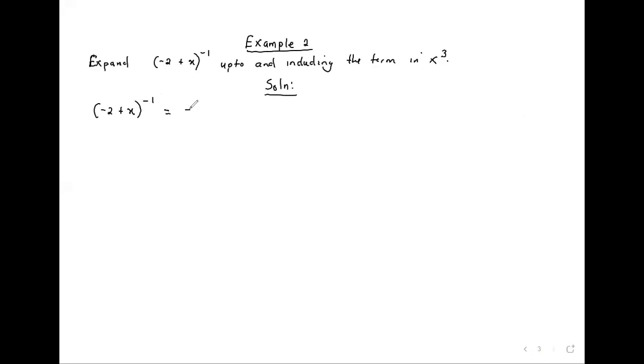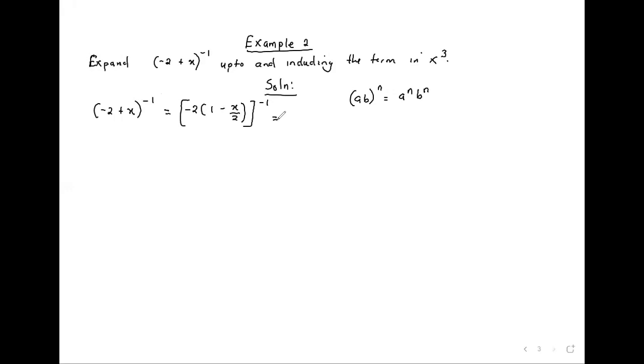So we factor out -2 and have 1 minus x over 2. The power is -1. But from indices, if you have (AB) to the power n, it's okay to separate the two by giving them each the same power.